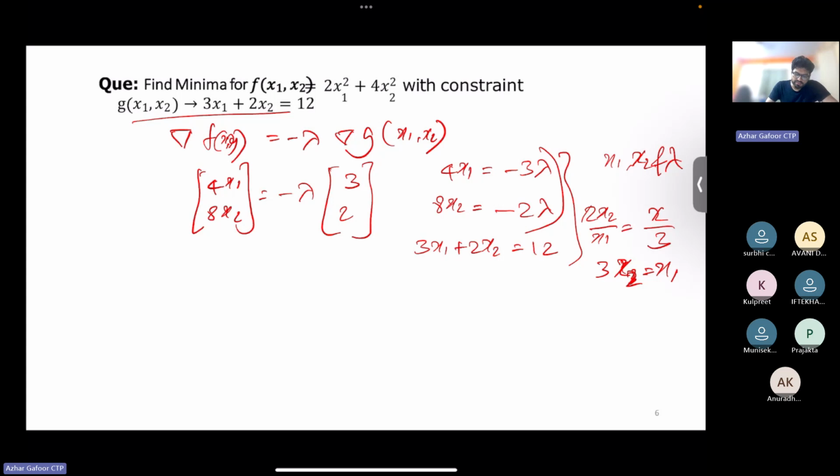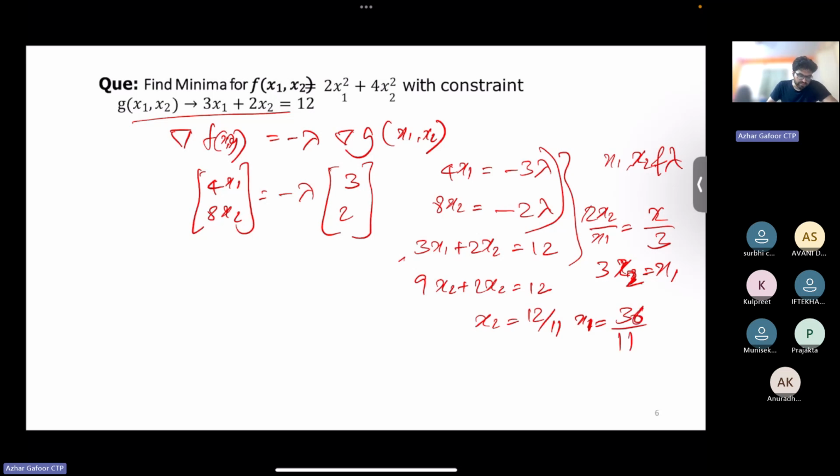Now let us substitute x1 into the constraint equation. So we get 9x2 plus 2x2 equal to 12, so x2 will be 12 by 11. Now we can find x1 also. x1 will be equal to 36 by 11.